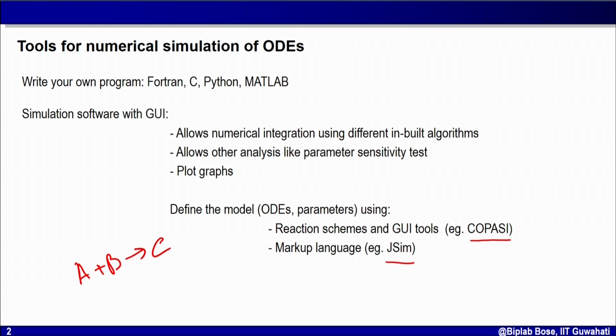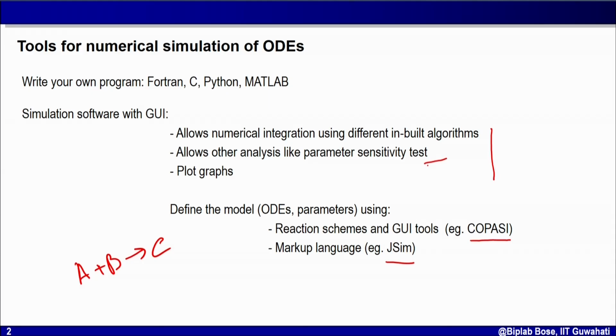Now, all of this software has certain advantages. Most of them have multiple algorithms available so that you can choose one of the algorithms based on your utility. They not only allow you to solve the ODE, but they also have certain other tools, for example, parameter estimation and parameter sensitivity analysis. We will not discuss those, but those tools are many times very useful.